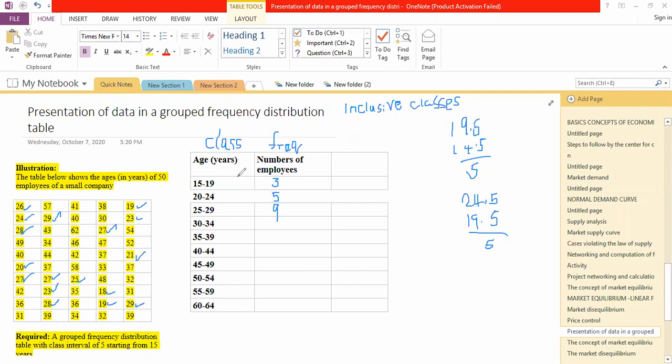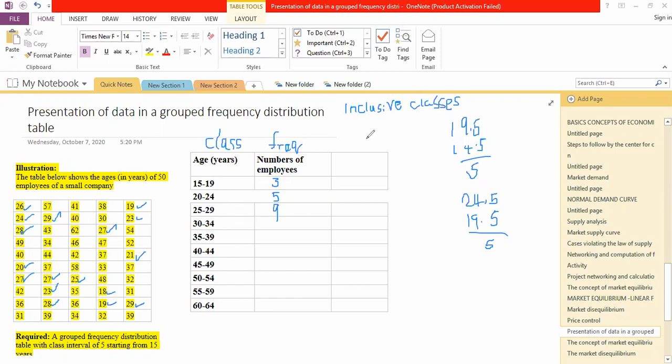So once we form the classes, we have chosen to be that they are inclusive in nature. We now go and tally the elements which fall in each of our classes here defined. We form a column known as the frequency.